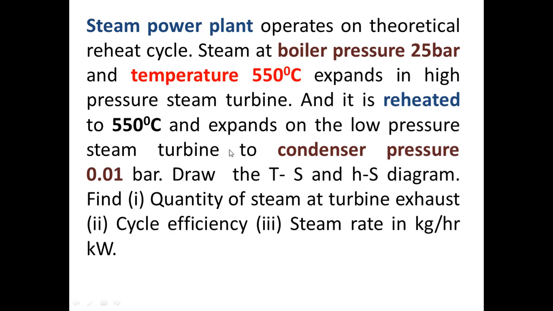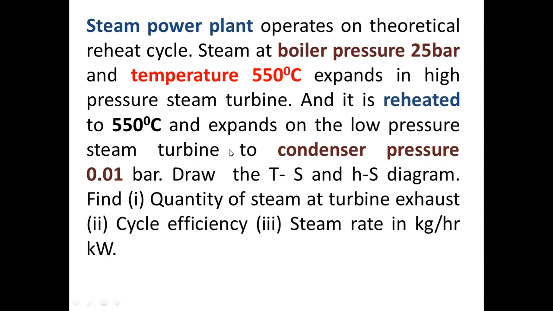Here the problem statement is like this: a steam power plant operates on a theoretical reheat cycle. Steam at boiler pressure 25 bar and temperature 550 degrees Celsius expands in the high pressure steam turbine, and it is reheated to 550 degrees Celsius and expands in the low pressure steam turbine to a condenser pressure of 0.01 bar.